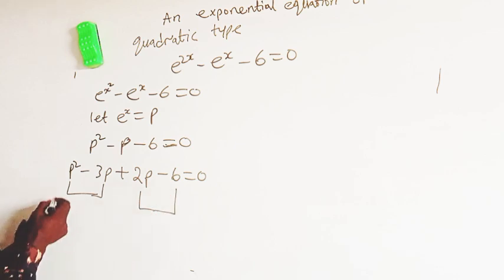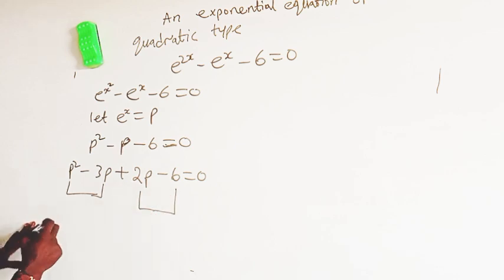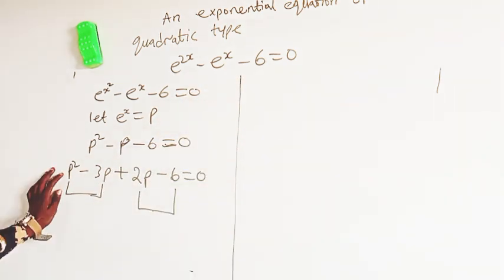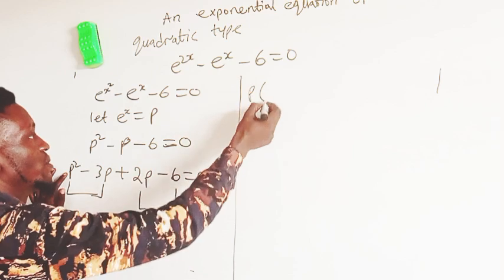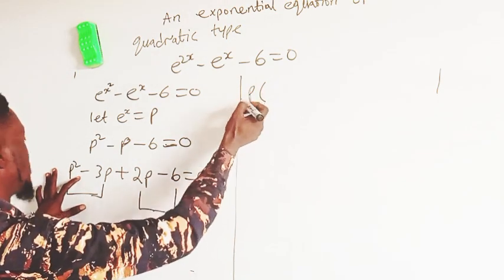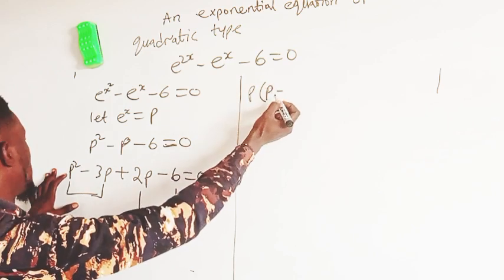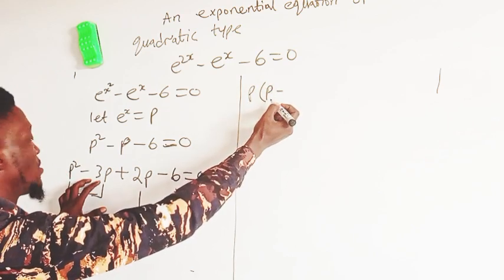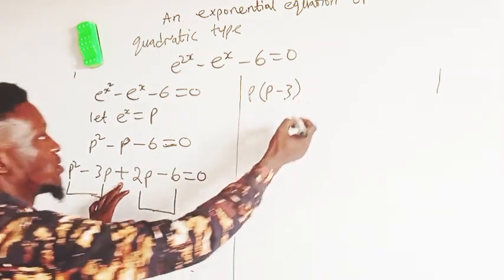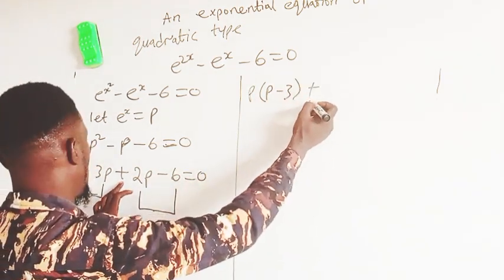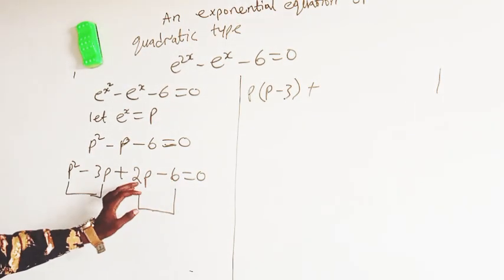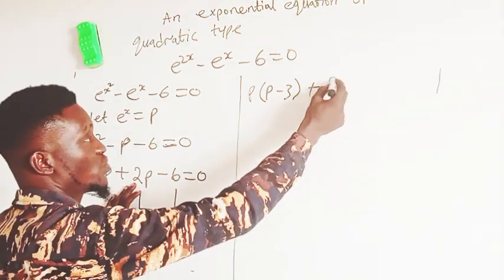So factorizing this, it's going to be p, brackets, p squared divided by p is p, minus, and 3p divided by p is 3. Plus, for the 2p minus 6, what is common is 2.